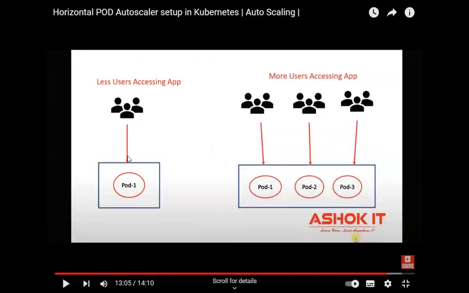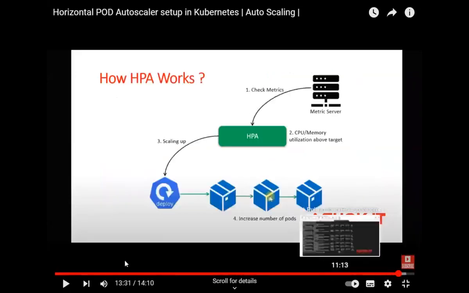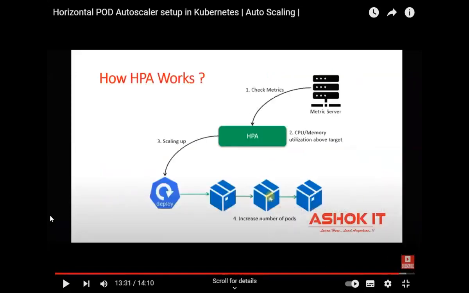If fewer users are accessing, one pod will be available. If more users are accessing, more pods will be created. Do I need to create the pods manually, or will pod creation happen automatically? Pod creation will happen automatically. But for that, we need to enable HPA in Kubernetes. The horizontal pod autoscaler concept is available, and we need to enable that concept in the cluster.